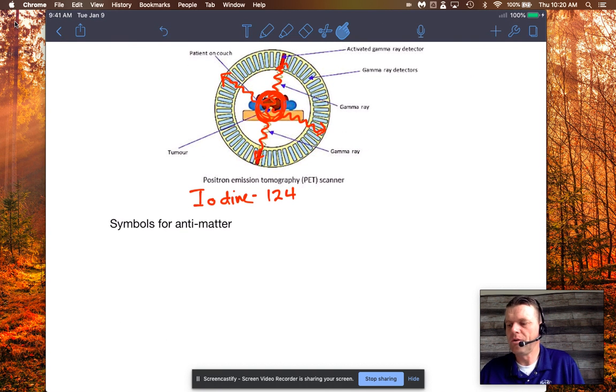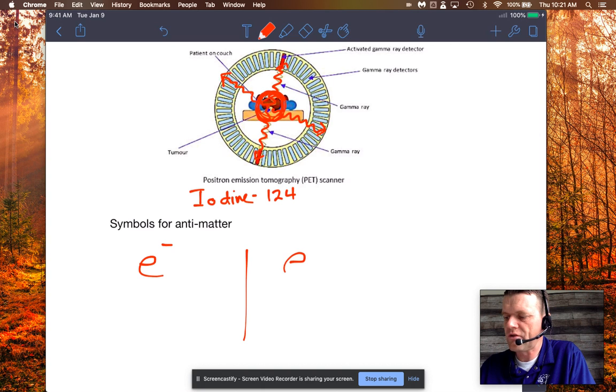I'll just end this segment on symbols for antimatter. Like I did say, an electron is e negative for the most part, okay? But a positron conventionally is just shown as e plus. A proton is usually just written as a p, although sometimes I've seen it as p plus.